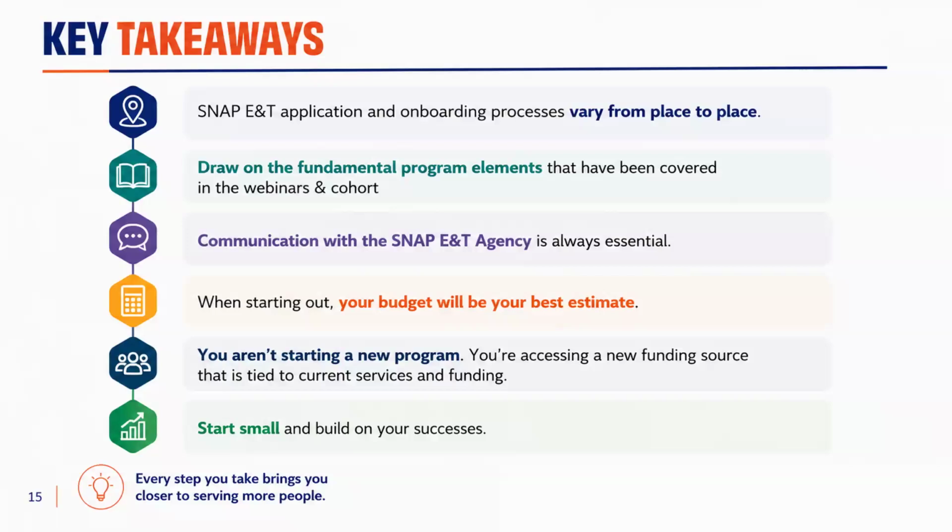So you build that provider network internally, and you can also work together and collaborate. So be in touch with your SNAP E&T agency, but also understand who else is operating in these spaces within your community.